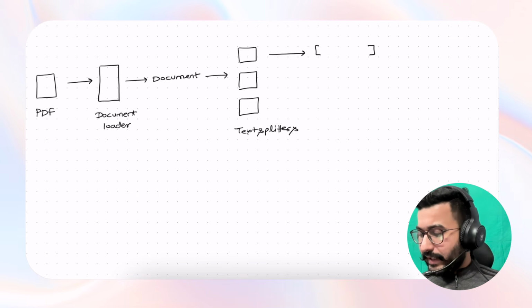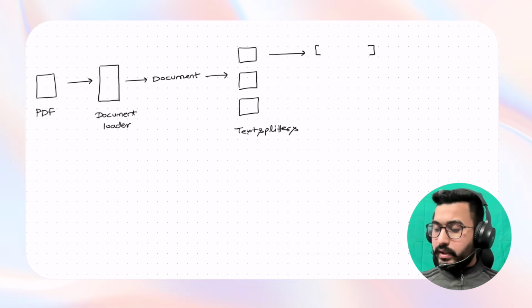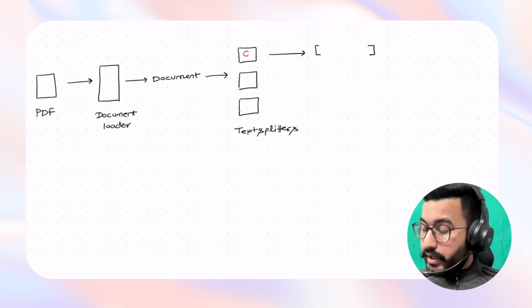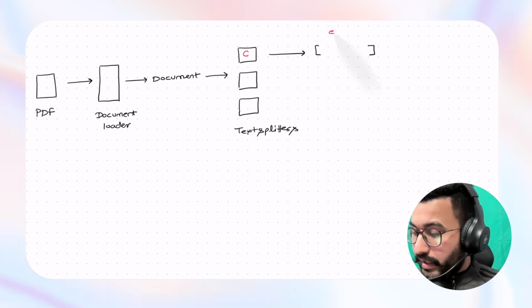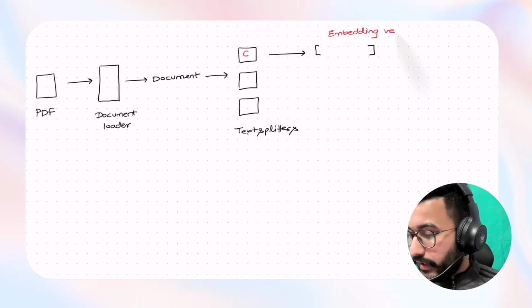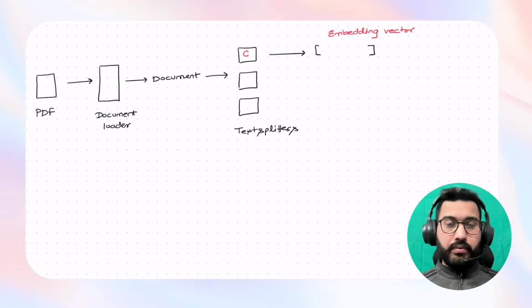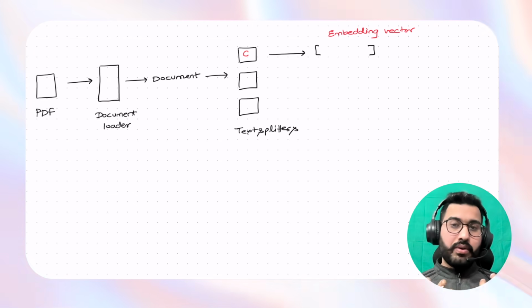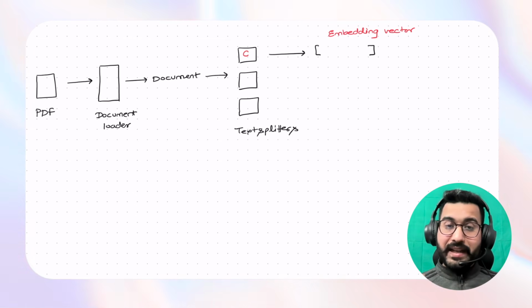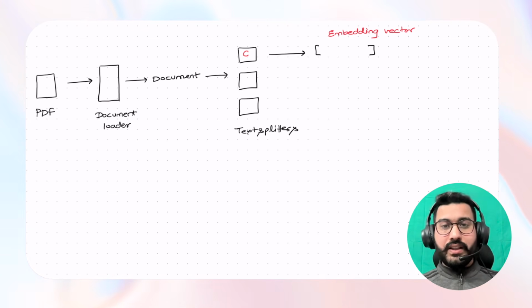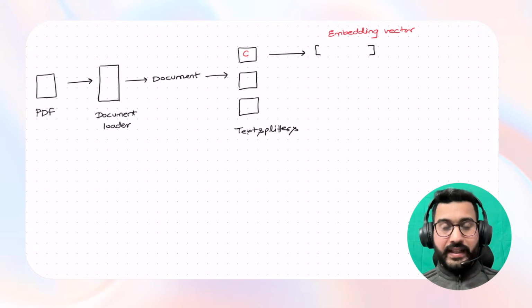But when I say that I want to convert this chunk, which is nothing but a collection of text, into a vector, which is known as the embedding vector, the objective is that I want to represent the semantic meaning of the text available in this chunk as a vector.